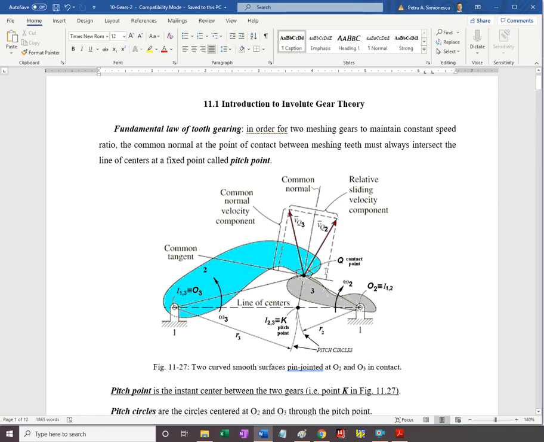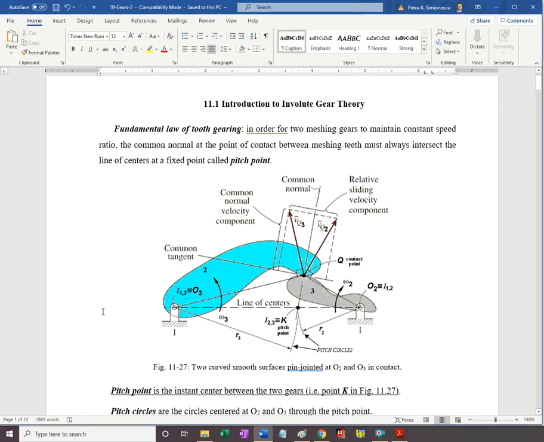Since they do not overlap, the two vectors have the same magnitude, same direction when the contact point coincides with the instant center. Instant center is also called the pitch point. So outside the pitch point, when the contact point does not coincide with the pitch point, there will be some sliding.